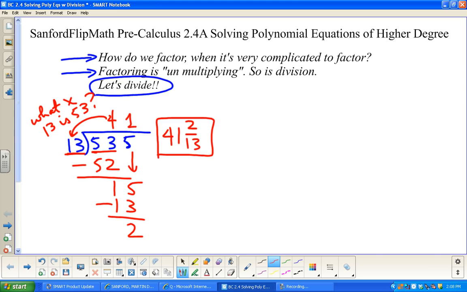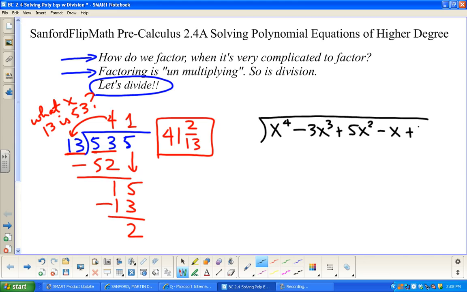Okay. Well, same kind of thing if we are going to do x to the 4th minus 3x to the 3rd plus 5x squared minus x plus 7, and let's divide by x minus 5. So we're going to divide these.